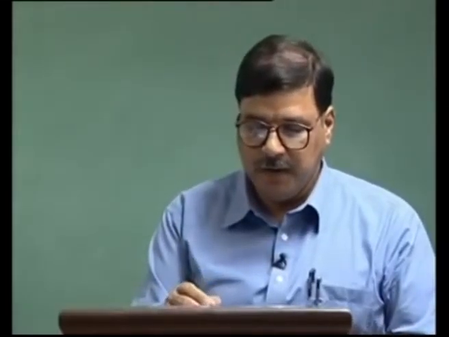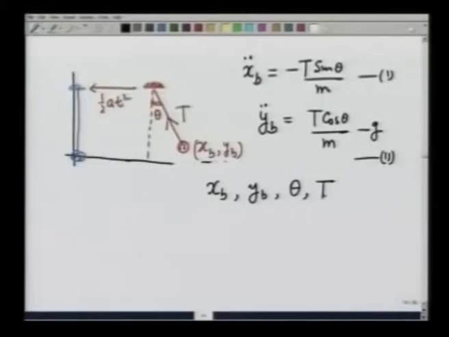Those equations are provided by the relationship between xb, yb, and the coordinates of the support. The support has moved by a distance 1/2 at square, and that is equal to xb minus, if the length of the pendulum is L, minus L sine of theta.